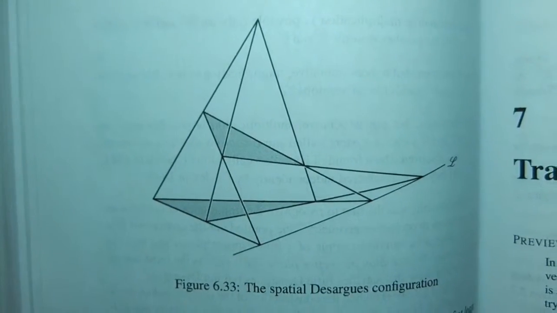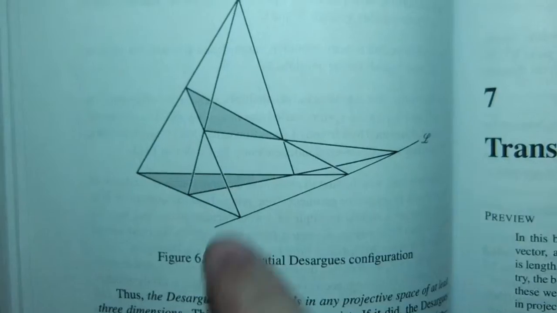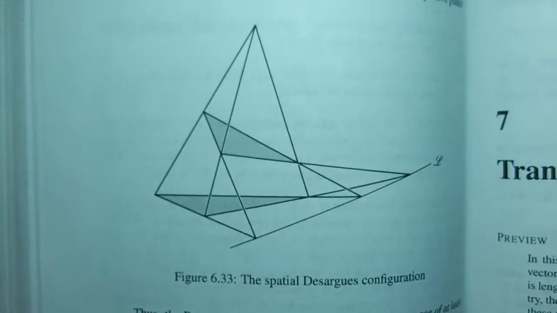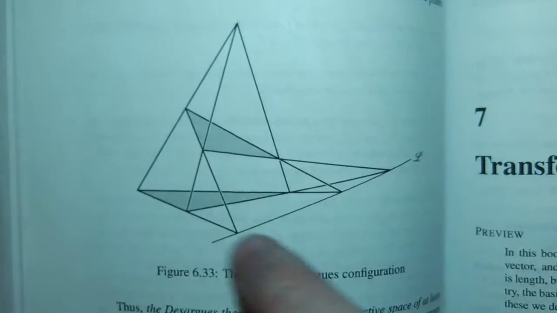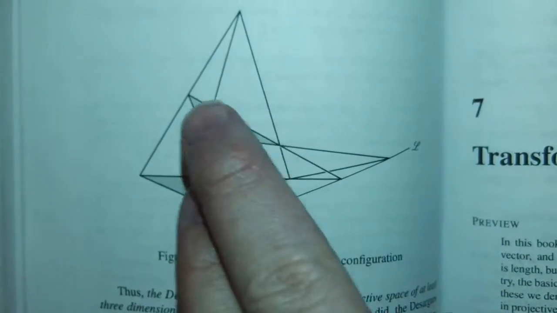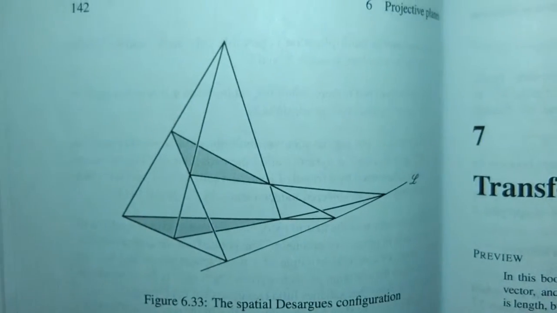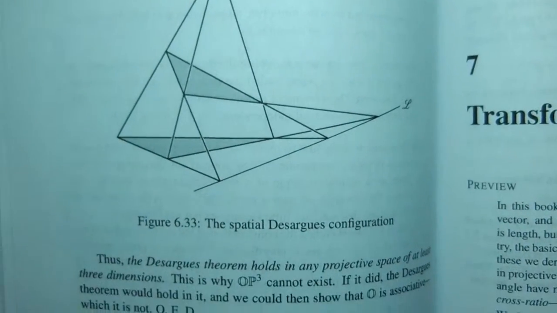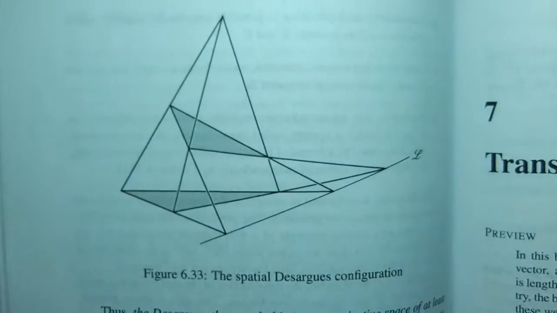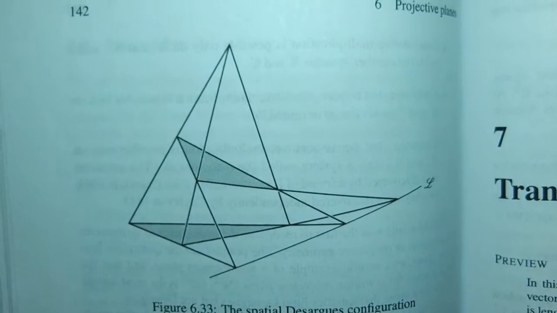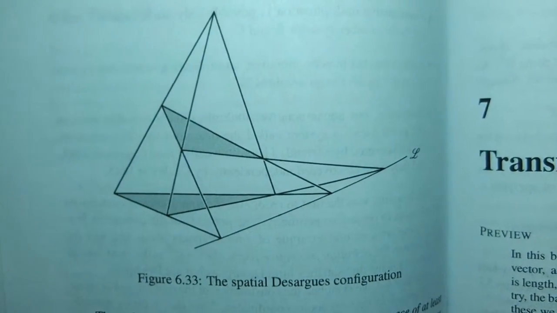So it is saying the same thing: if you have two triangles in perspective in this way in space, then they are in perspective in another way, which is that the extensions of their corresponding sides all meet on the same line. It turns out that I don't need anything for this to be true.